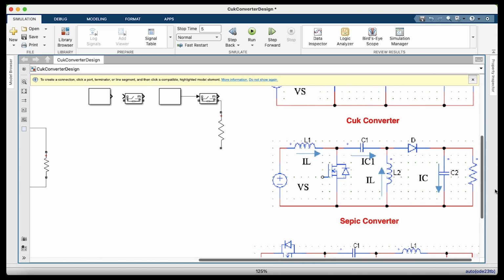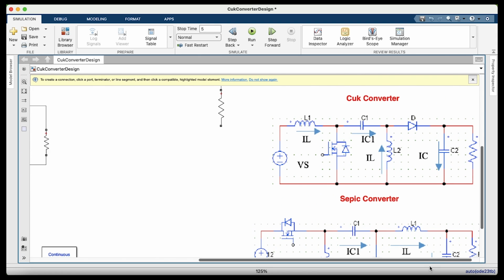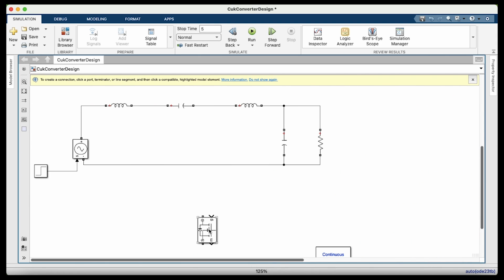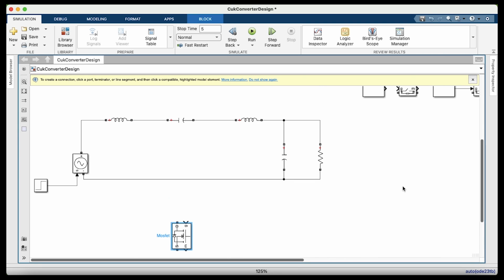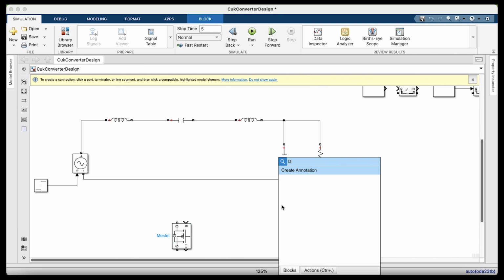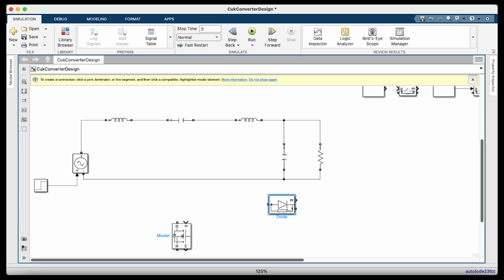Now we have connected only the switch and diode. Connect the diode between C1 and L2.